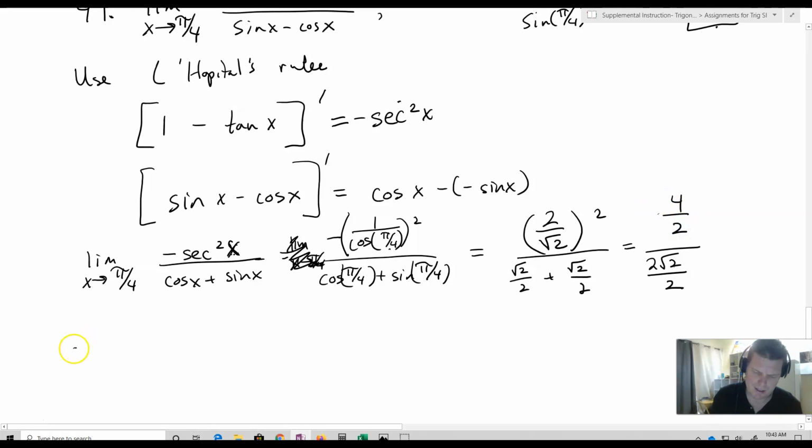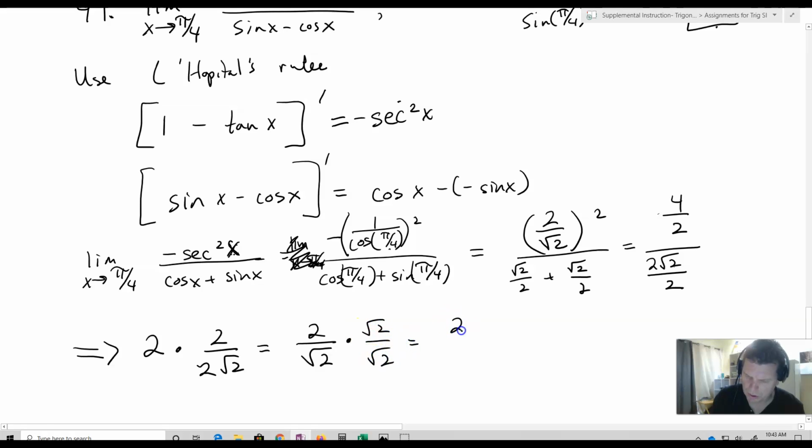So this is then going to give me 2 times 2 over 2 root 2, which equals 2 over root 2. And then rationalize the denominator, I end up with times root 2 over root 2, equals 2 root 2 over 2, which equals root 2. Yay.